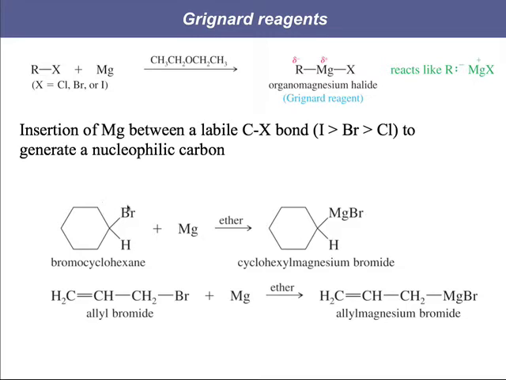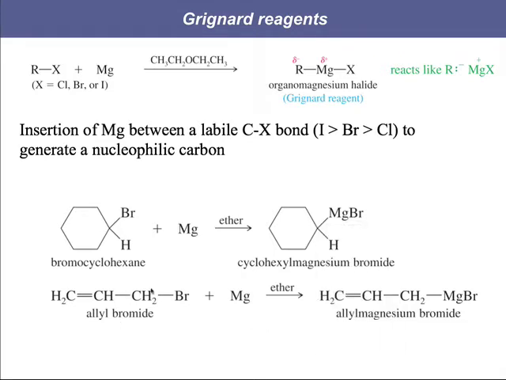Any alkyl halide refluxed with magnesium in ether will make the alkyl magnesium bromide. You see here that magnesium has inserted itself between the bromine and the carbon that the bromine was bonded to. That gives this carbon right here, the carbon bearing the magnesium bond, significant negative character, and that becomes our nucleophile.